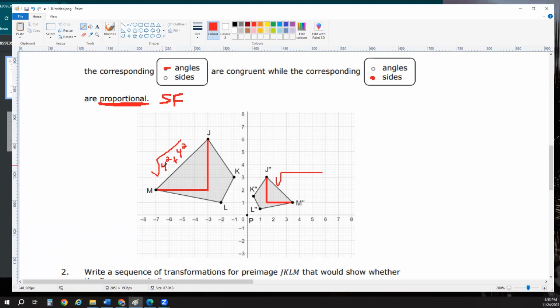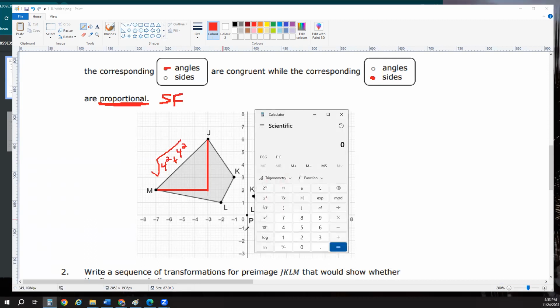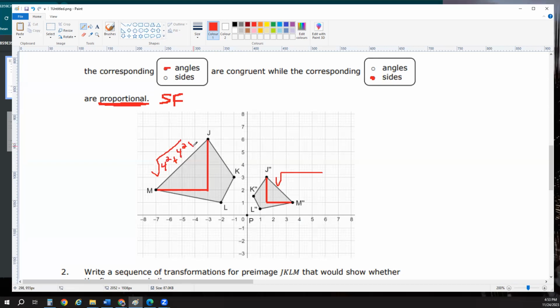So that is 16 plus 16. I can make up a calculator on here. So 4 squared plus 4 squared equals, and the square root of that is some weird number. Square root of 32.